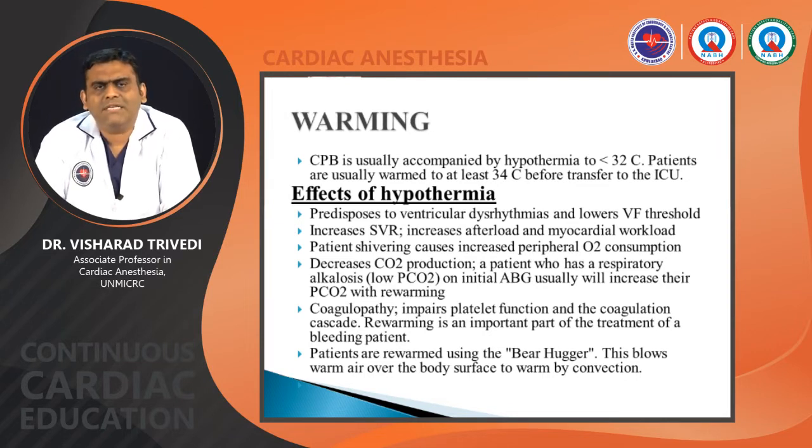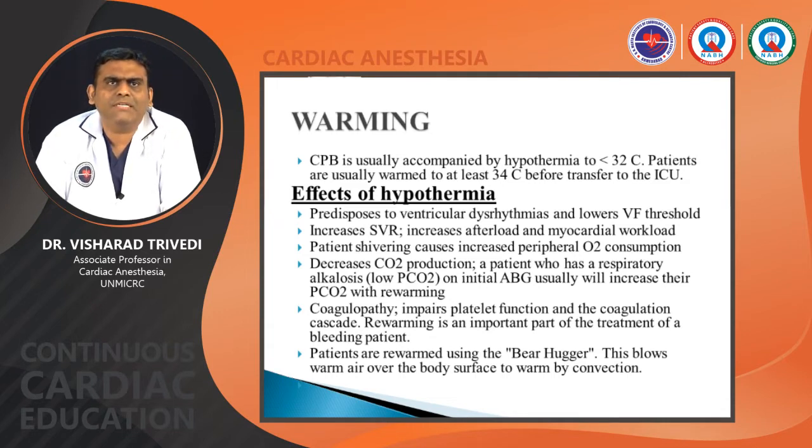But there might be a chance that the rewarming is not uniform, and you may see peripheral coldness of the extremities in on-pump cases. If so, there will be a redistribution of heat once the patient comes into the ICU, and a severe drift of the temperature towards the lower side.